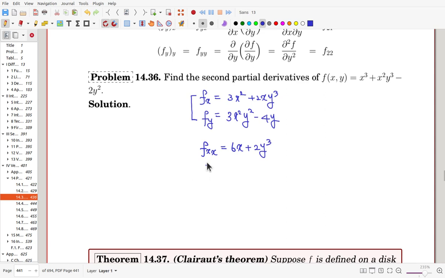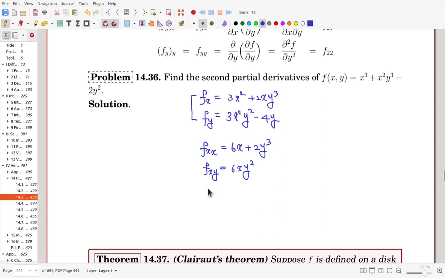Now how about f sub xy? For f sub x, we take the y-directional derivative. That must be here now 6xy squared, right? That becomes 3y squared. So that along with 2, it becomes 6.